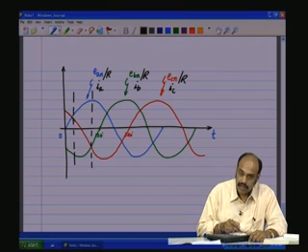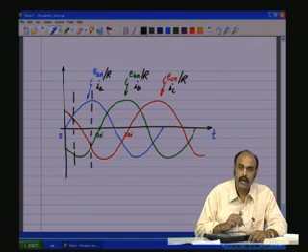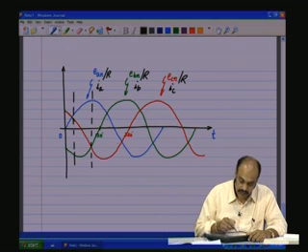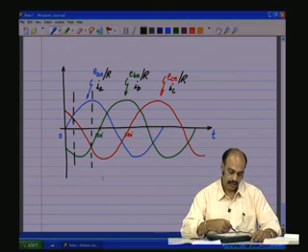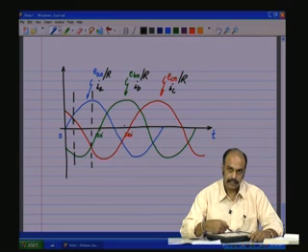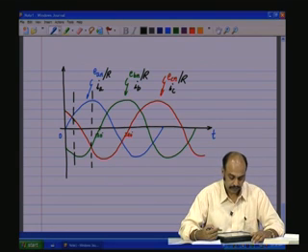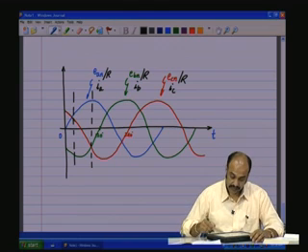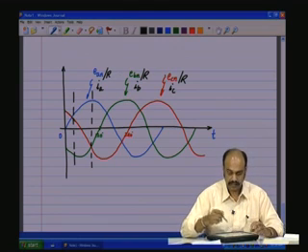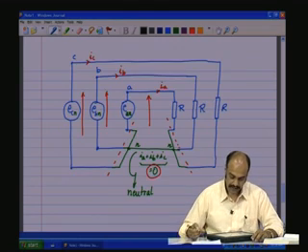So, EAN by R is IA, EBN by R is IB, ECN by R is IC. So, they also will have similar waveforms. So, you will see that at every instant of time IA plus IB plus IC is equal to 0, but this will happen only if the R's are the same, balanced loads and the voltages are the same.